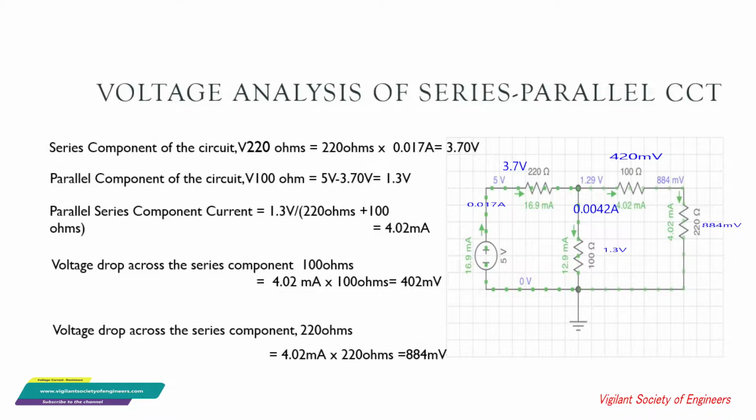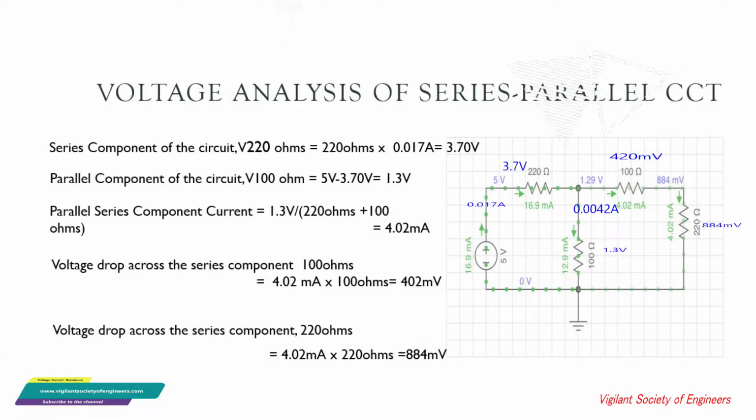So voltage equals resistance times current. The 5 volts supplied by the source is lost just as it approaches the 220 ohm resistor.